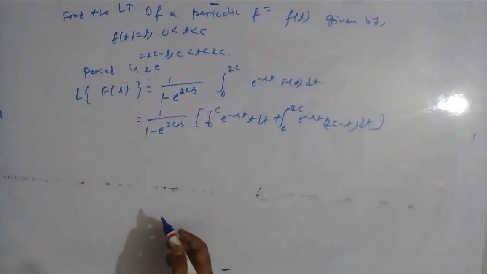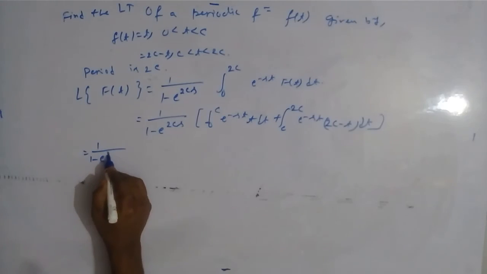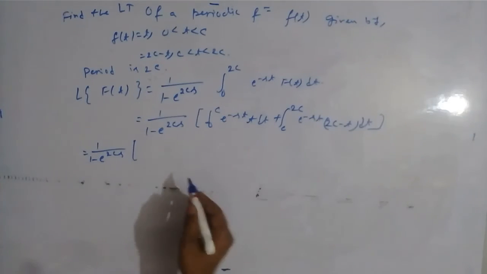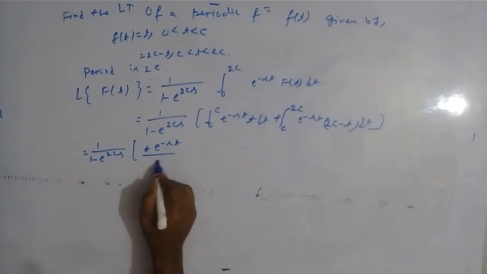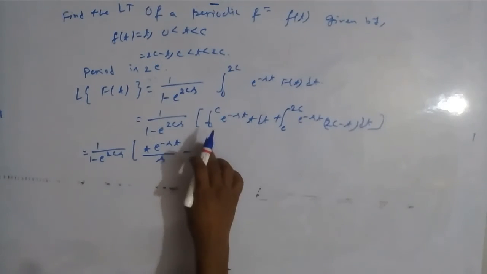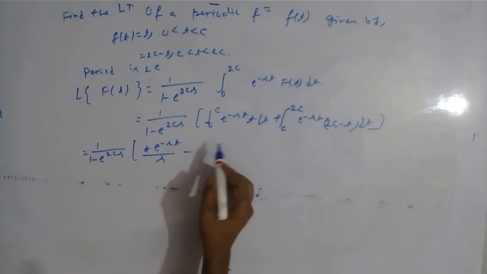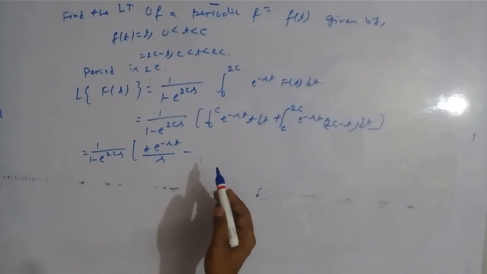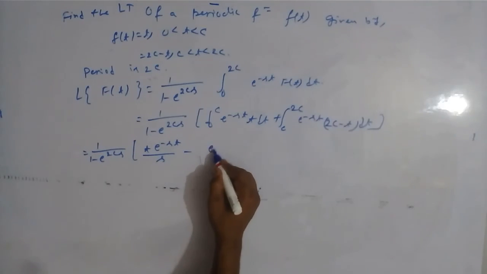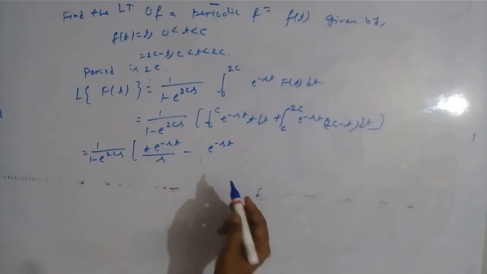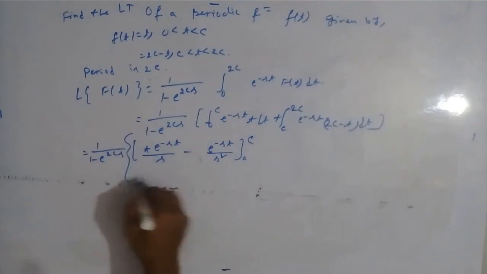So 1 by 1 minus e to the power 2cs, for the first integral we take the first function t, times the integration of the second, minus the differentiation of the first times the integration of the second again. That will be e to the power minus st by minus s, and integrating again we get e to the power minus st by s square. The limit is 0 to c.